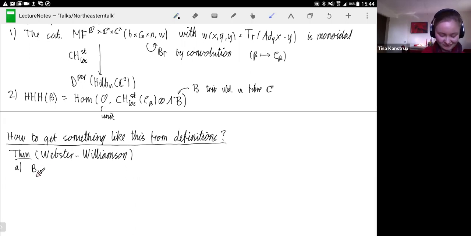This is usually not particularly easy to calculate. But fortunately, it has a geometric interpretation in terms of IC sheaves, B times B equivariant IC sheaves.